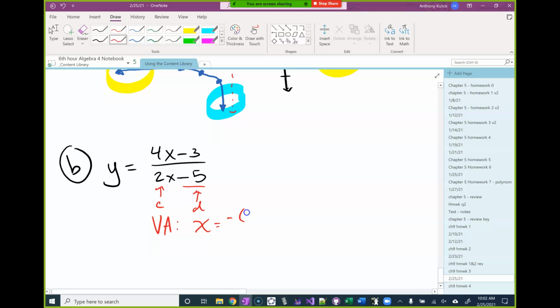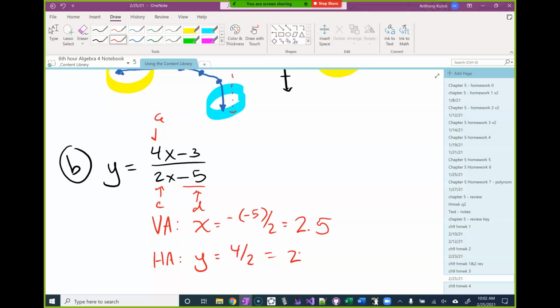So I have negative of negative 5 over 2, which is just 2.5. And my horizontal asymptote is y equals a over c, which is just 2. Everybody okay there? Great.